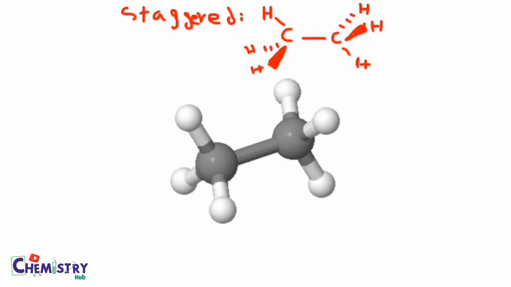Using the structures, see, I write these two carbons. Well, I have hydrogen. This hydrogen is upwards and on the plane, so I draw it with a straight line.